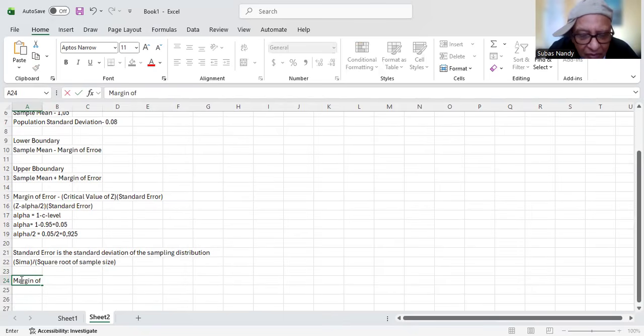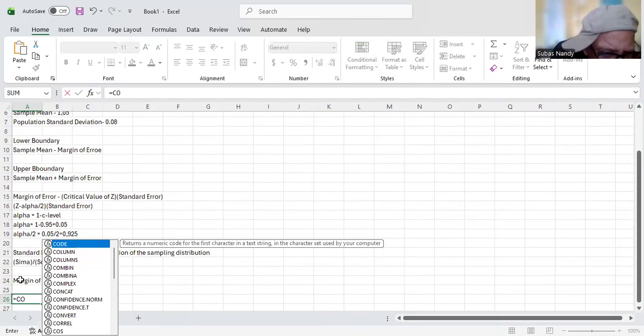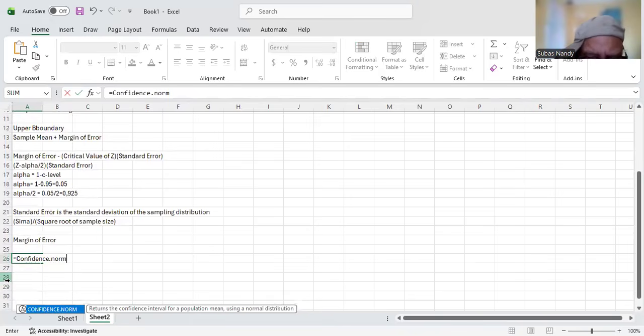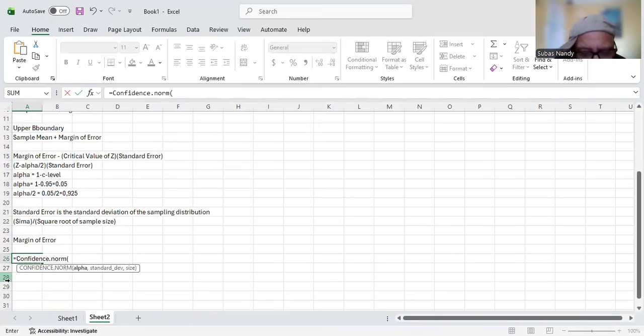Margin of error by Excel is given by, equal to, and I will write the formula: is equal to confidence dot norm, and so it needs the alpha value.